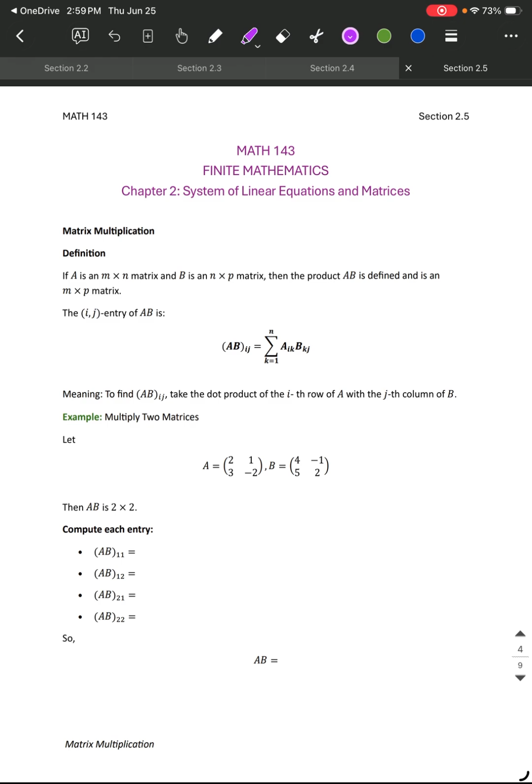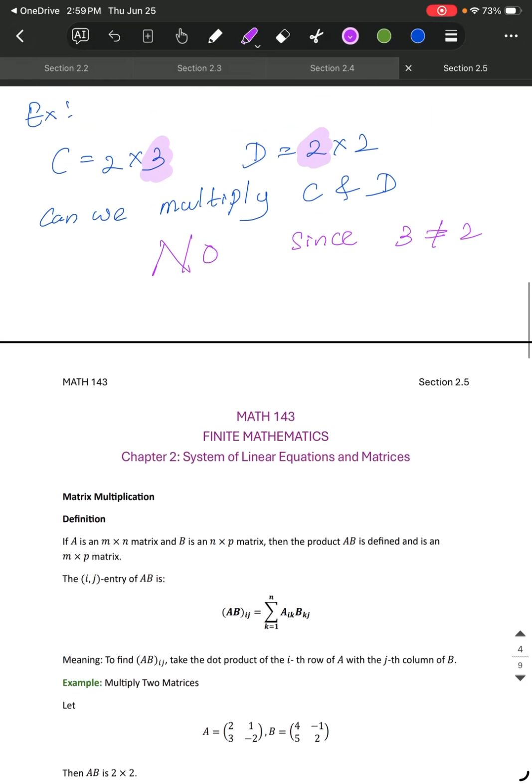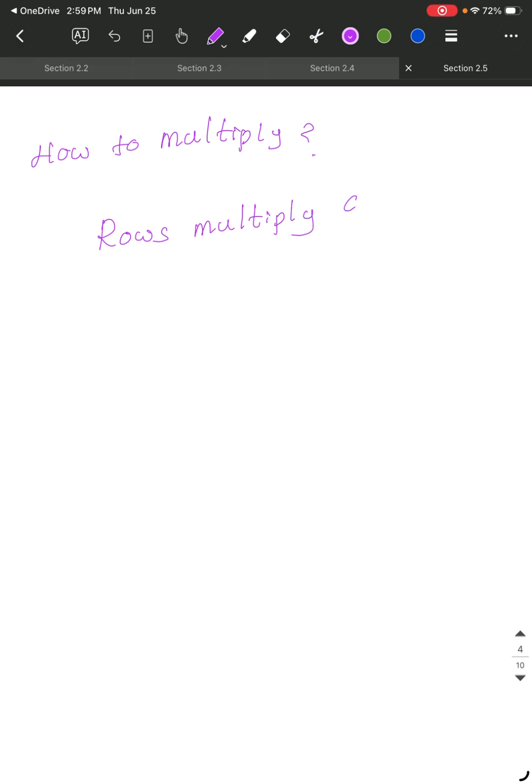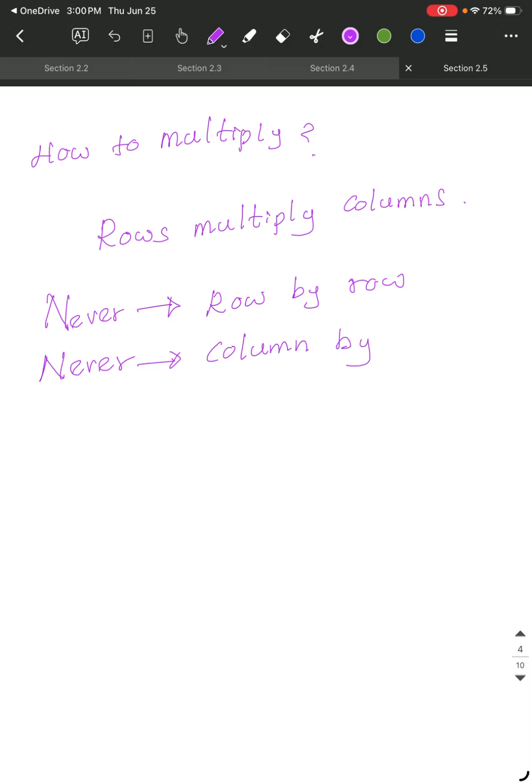Remember, only rows multiply by columns, never row by row, never column by column.